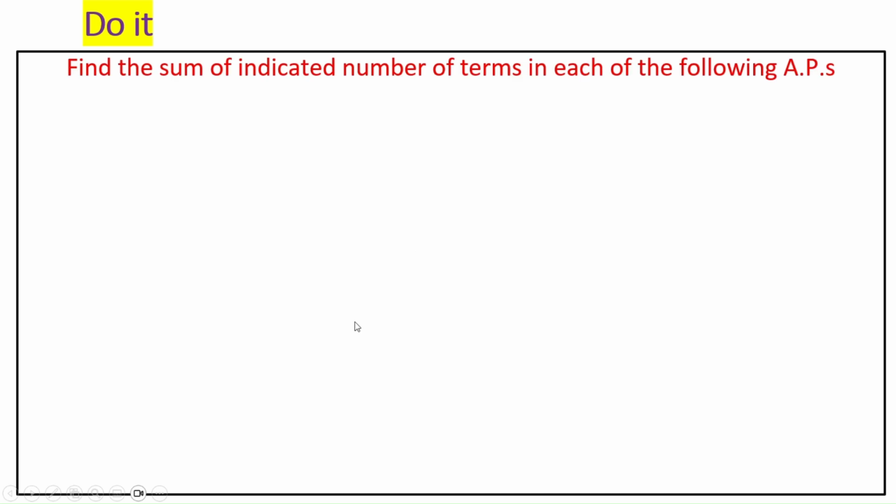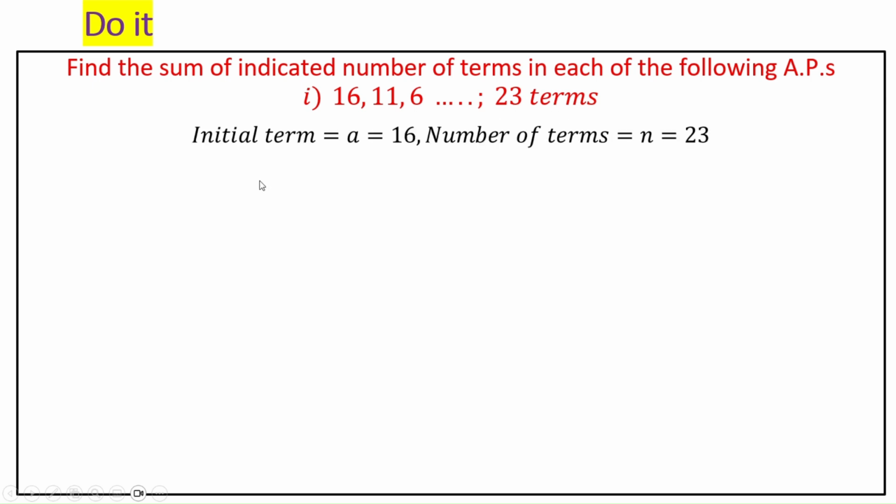Let's do the do it section. Find the sum of the indicated number of terms in each of the following APs. The first one is 16, 11, 6, 23 terms. So we know a equal to 16 and n equal to 23, and d equal to 11 minus 16, that is minus 5.